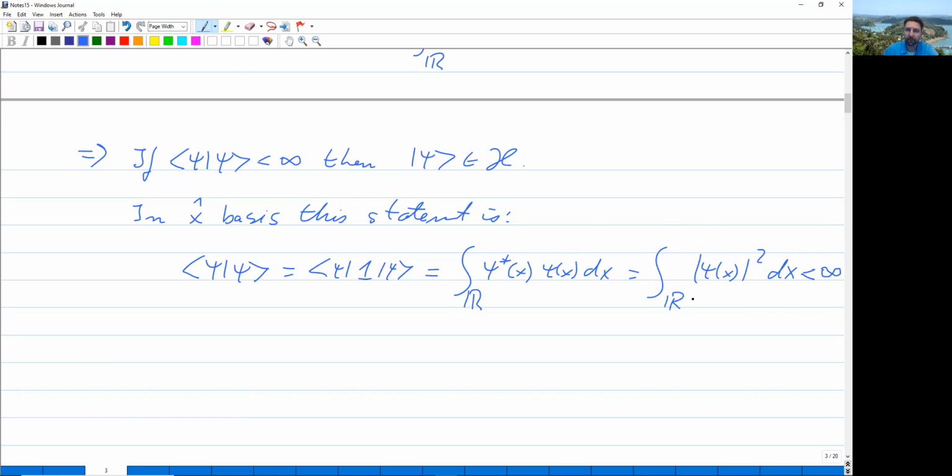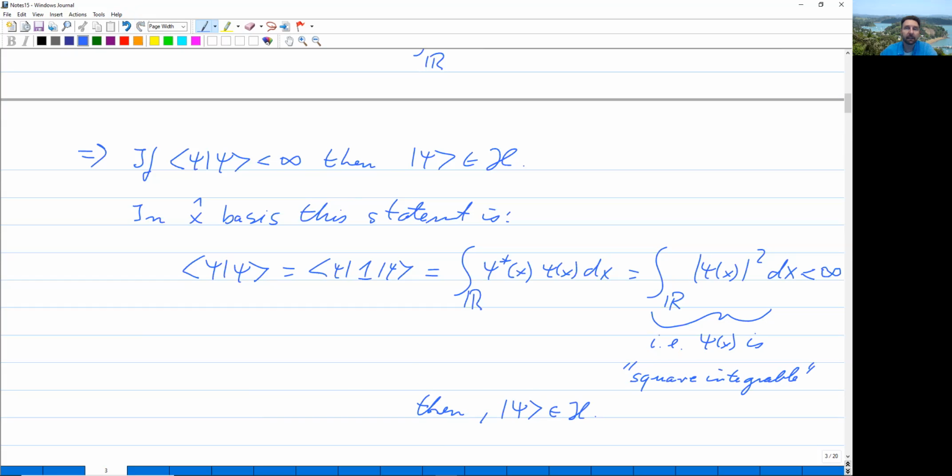If that's true, in other words, this means that psi of x is what is called square integrable, then psi is in the Hilbert space.